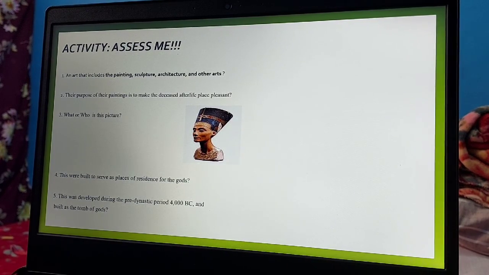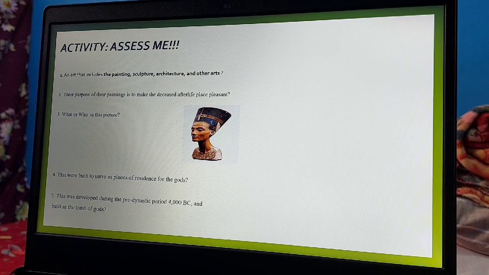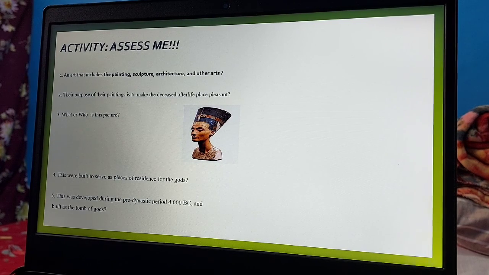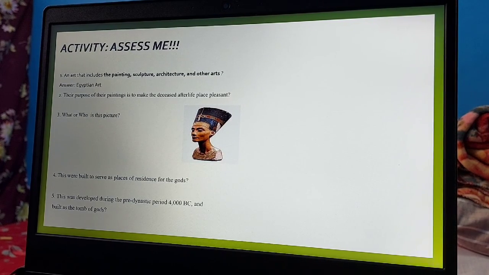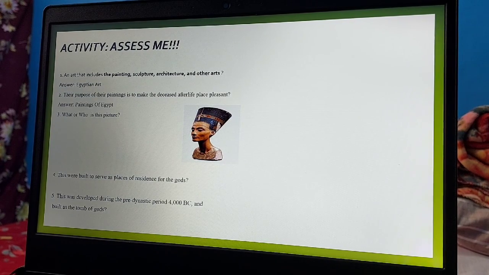Timer starts now. So, it's time to reveal the answers. Number 1, an art that includes the painting, sculpture, architecture, and other arts. The answer is Egyptian art. Number 2, the purpose of paintings is to make the deceased's afterlife place pleasant. The answer is paintings of Egypt. Number 3, what or who is this picture?